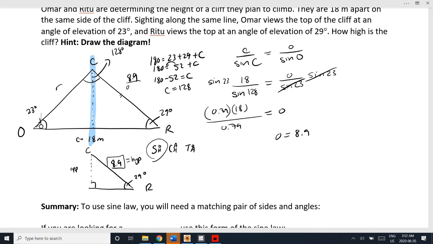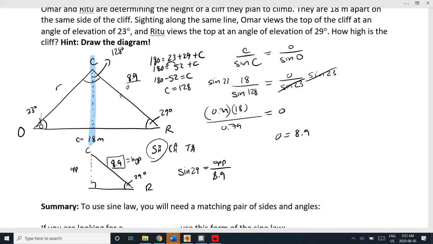So we're going to be using SO. So we can say sine 29 degrees is equal to opposite, which we're looking for, over hypotenuse. And we know the hypotenuse on this side is 8.9.